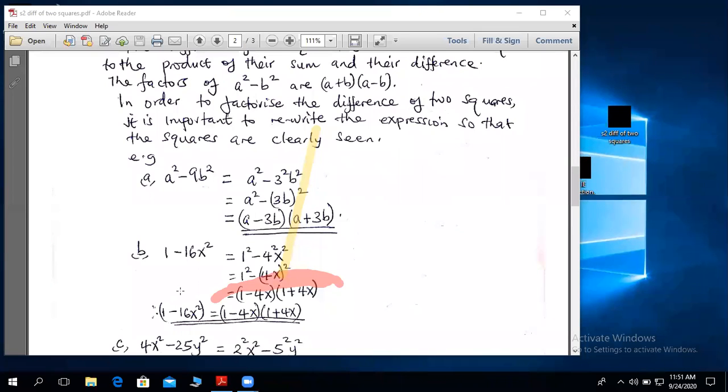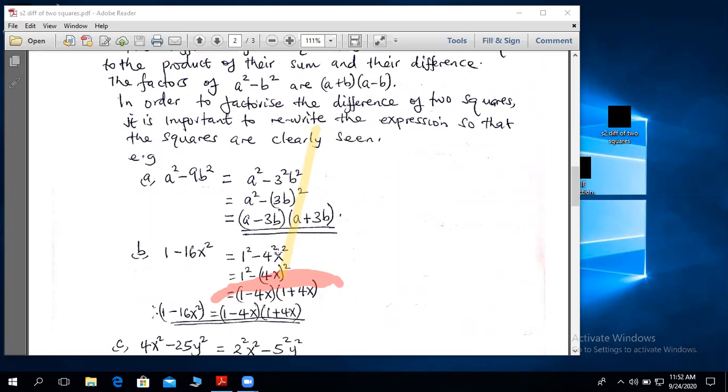Then where there is 16, which is not squared, I will put 4 squared, and it will become 1 squared minus 4 squared x squared. And 4 squared is 16, as you can see.